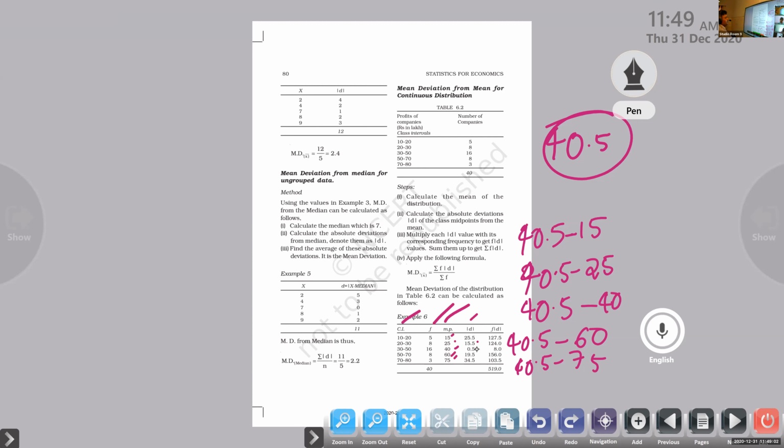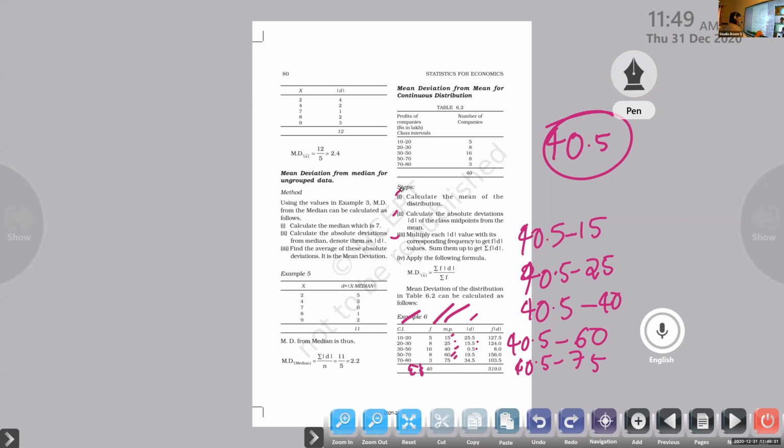You got that idea? Okay, next one, F into D. So sigma F is here. Next you have to find F into D. Third step: multiply each absolute D value with its corresponding frequency to get FD values.